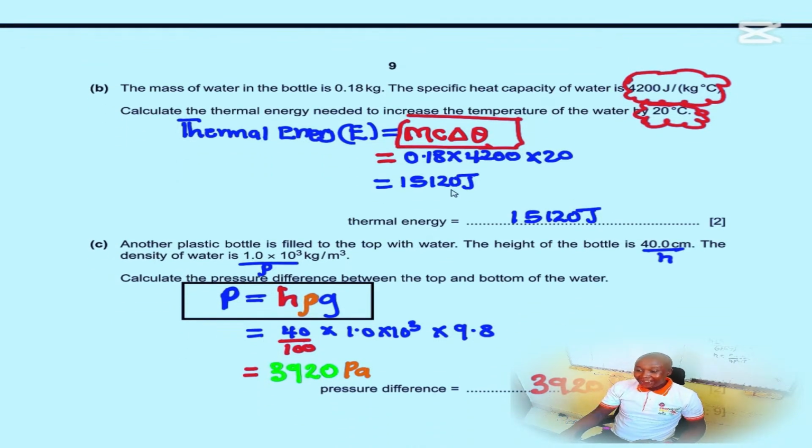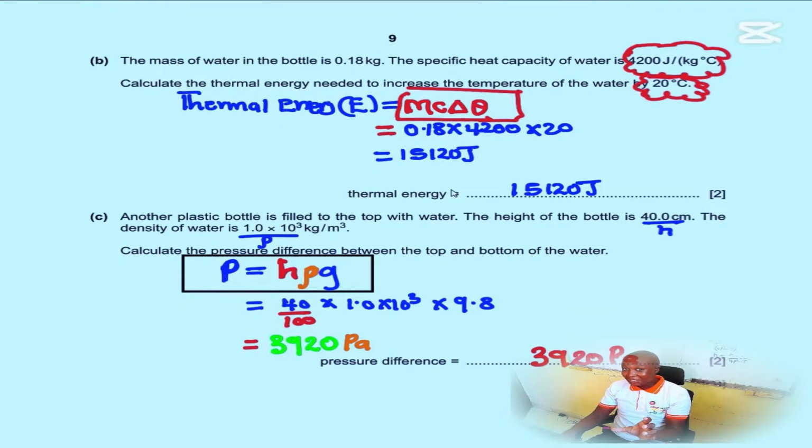As if that is not enough, they ask about pressure in fluids. Pressure in liquids is height times density times gravity, hρg. We are told another bottle is filled with water to the top, and the bottle is 40 centimeters. You need to be very careful because they are not giving you the height in meters, so you have to convert it.